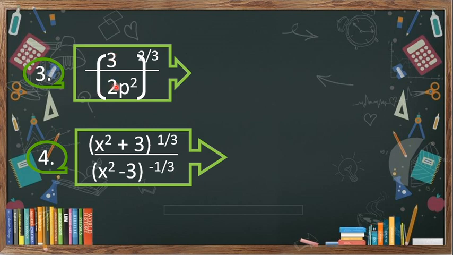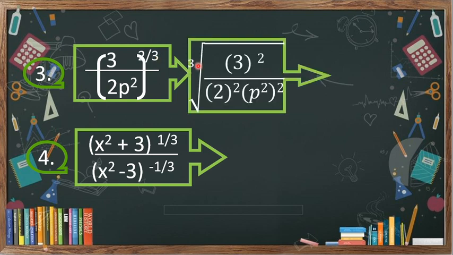3 over 2p squared raised to 2/3. So all of them are included inside the radical symbol. 3 is the index here. And then we have the exponent 2. You're going to distribute the 2 into 3, 2, and p squared.